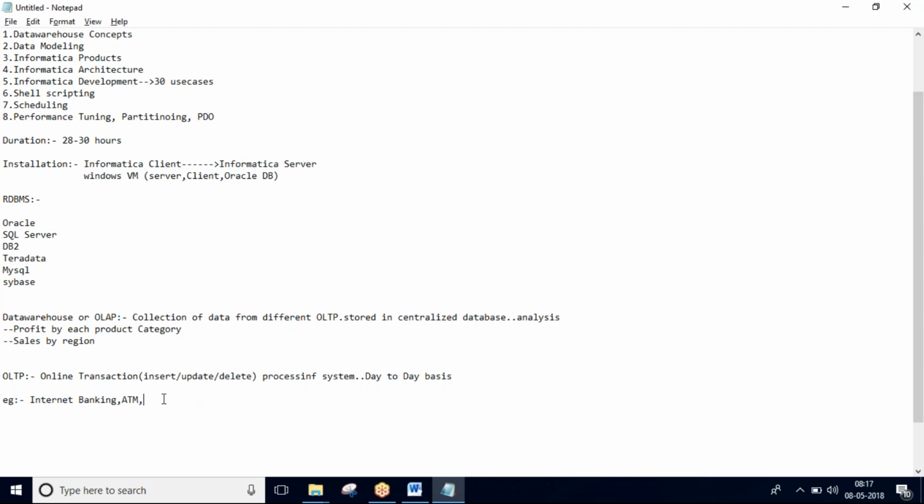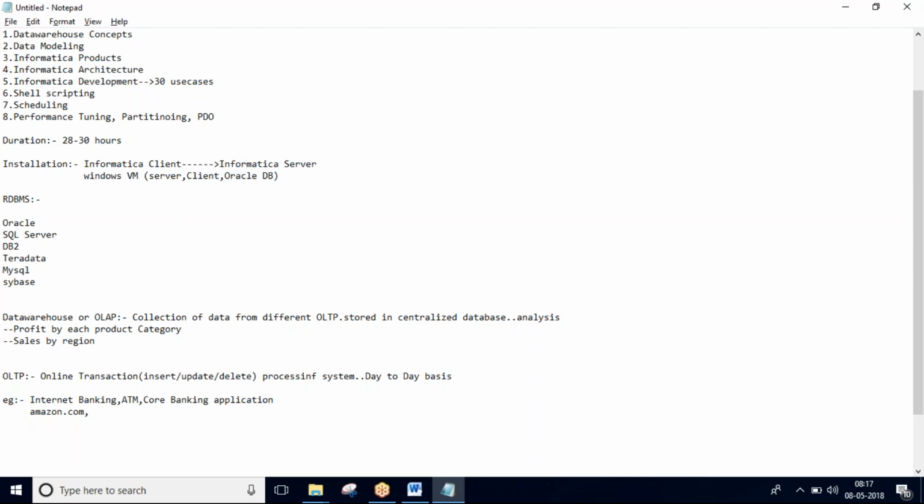They are using an internal application, maybe the core banking application, and that is also said to be a transactional system.